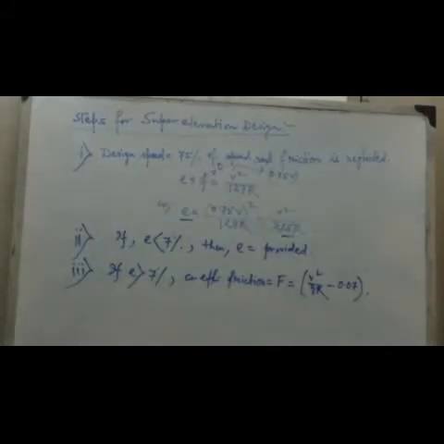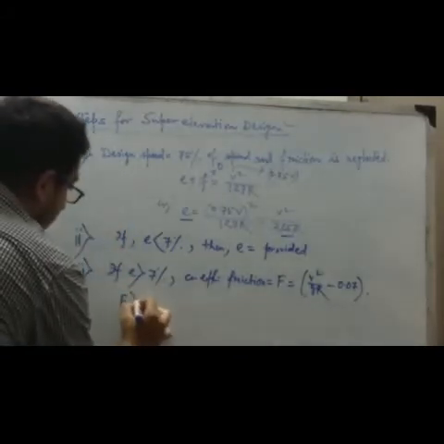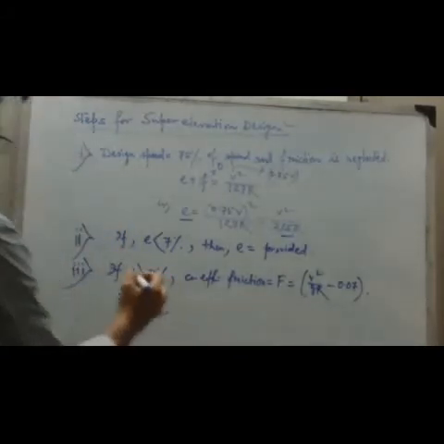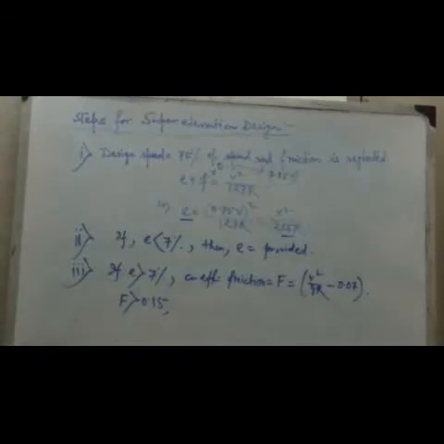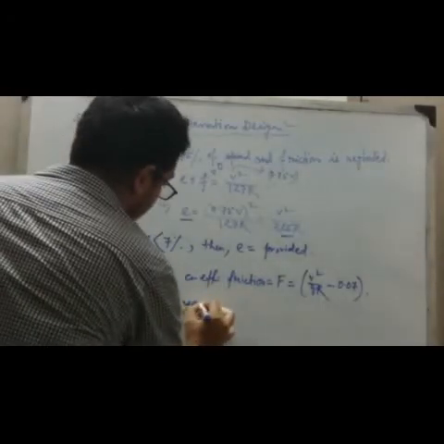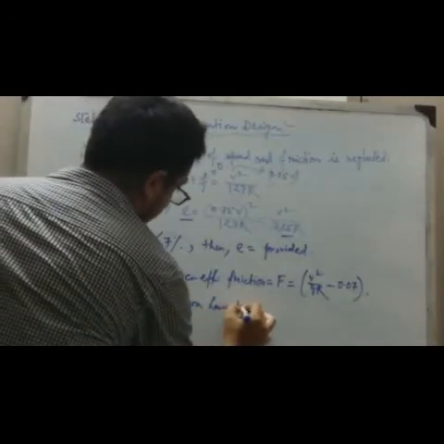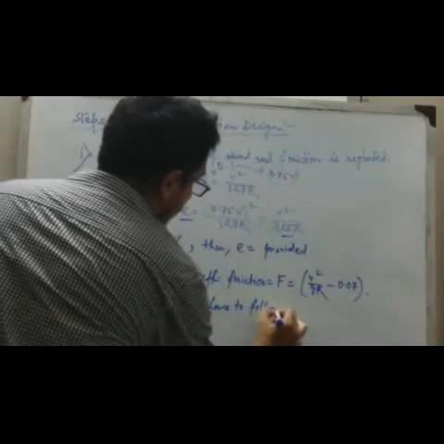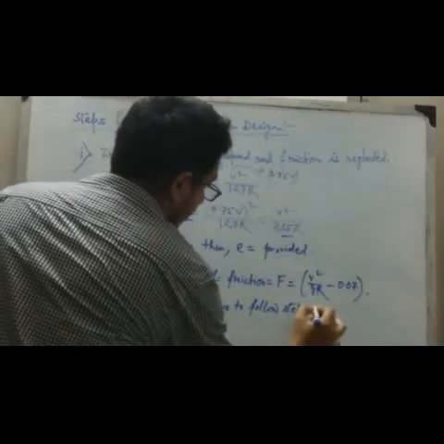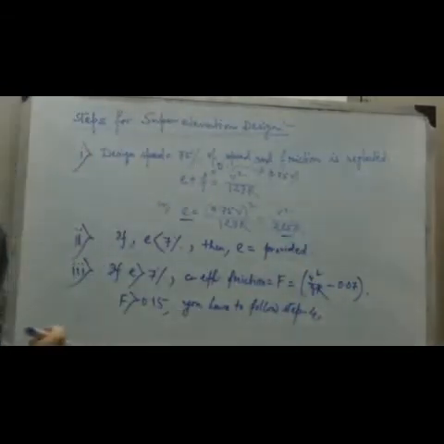And if this value of capital F exceeds 0.15, then the super elevation design cannot be completed. Then you have to follow step number 4.